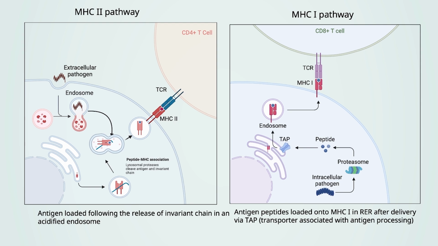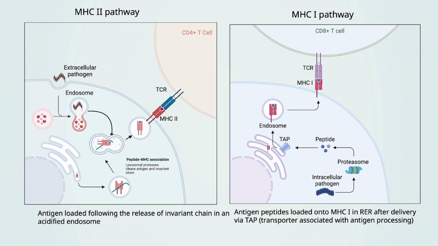So they can ask questions in such a pattern, or they might ask there is a problem in acidification of the lysosome, right? Which of the following cells will not be able to recognize antigen? If this acidification of the lysosome is affected, it cannot release the invariant chain.